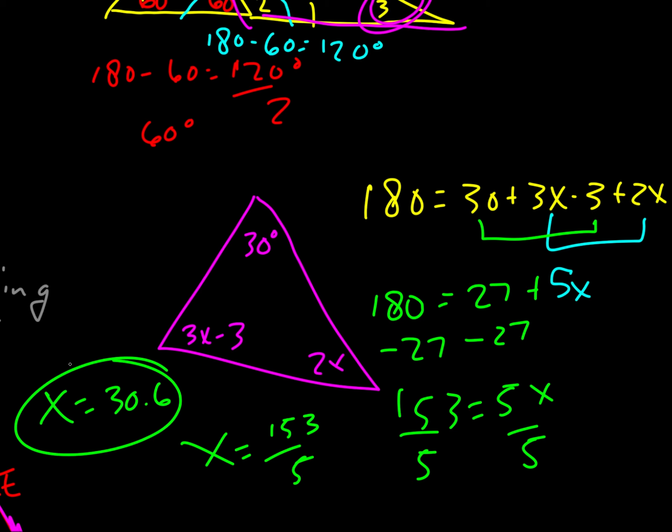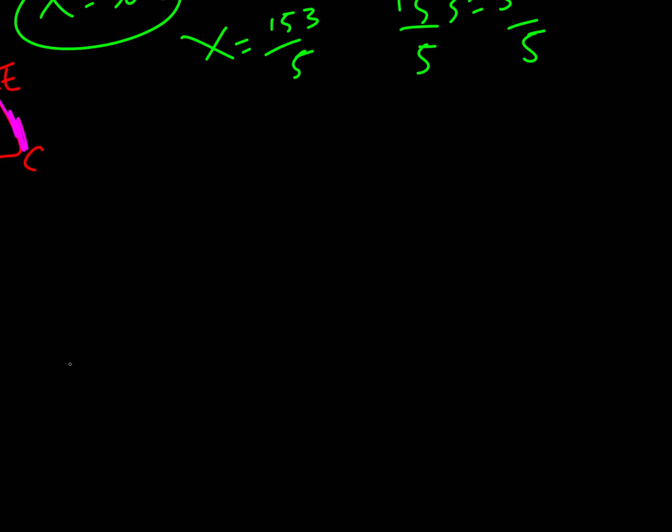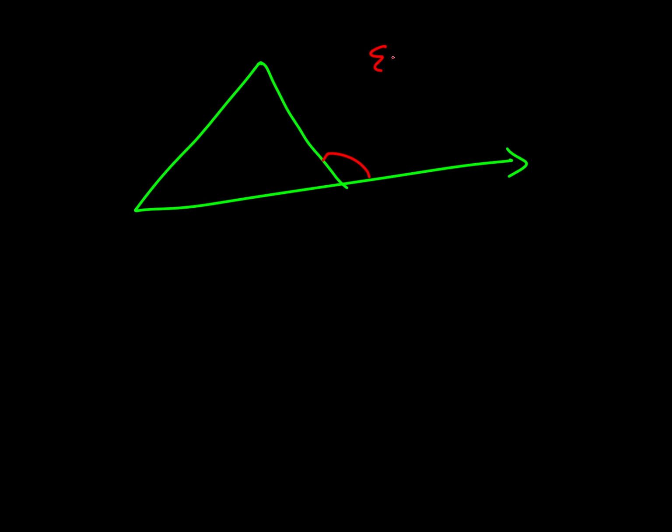Now, we also need to talk about this situation. So this angle right here is called an exterior angle. And then these two angles are called remote angles.